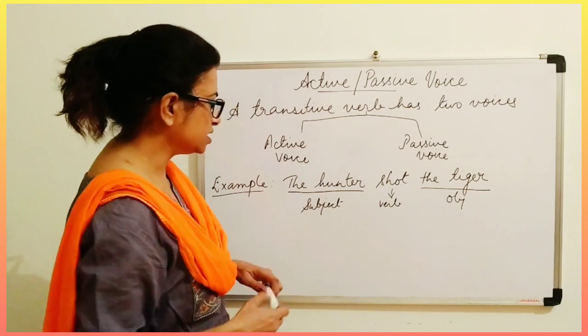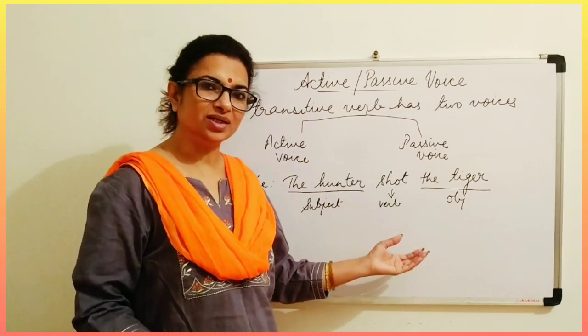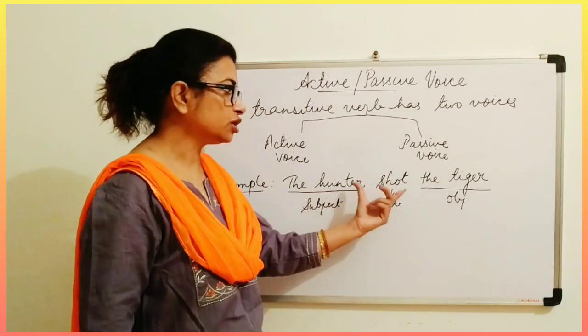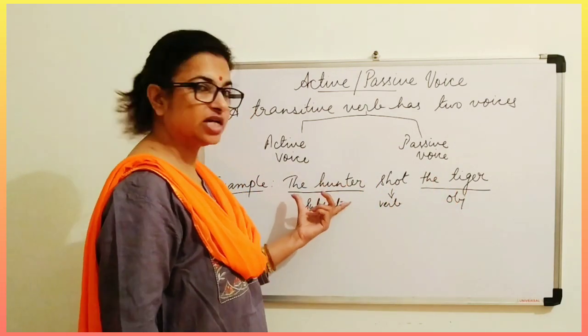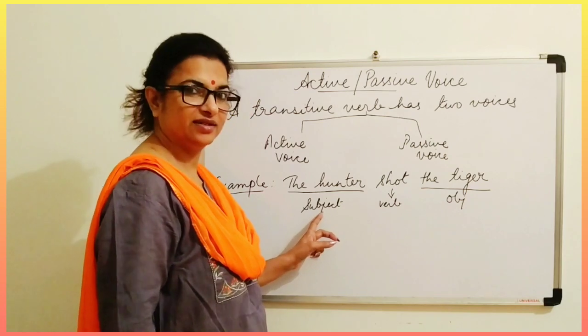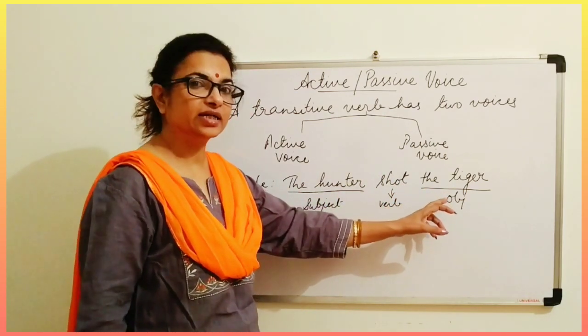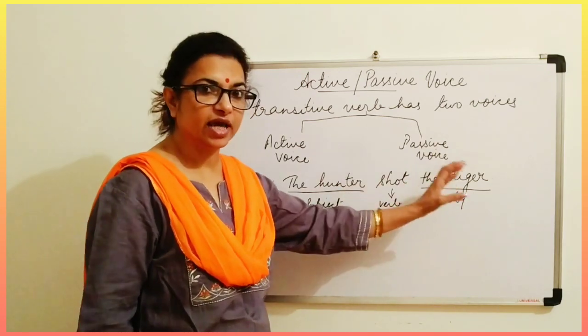Now here you can see who is doing the work? The hunter is doing the work. The hunter shot the tiger. So the action is done by the subject. Whereas who is receiving the action? The tiger. The object is receiving the action.